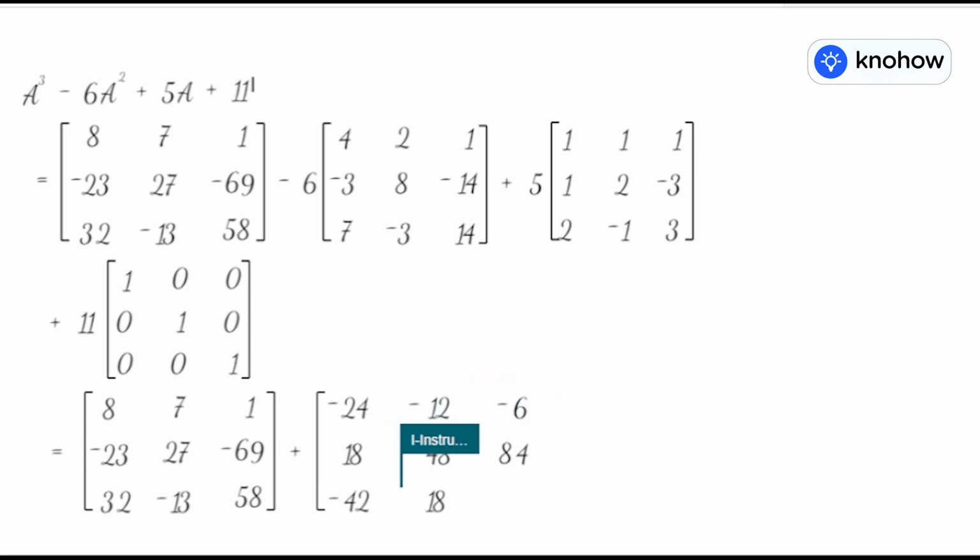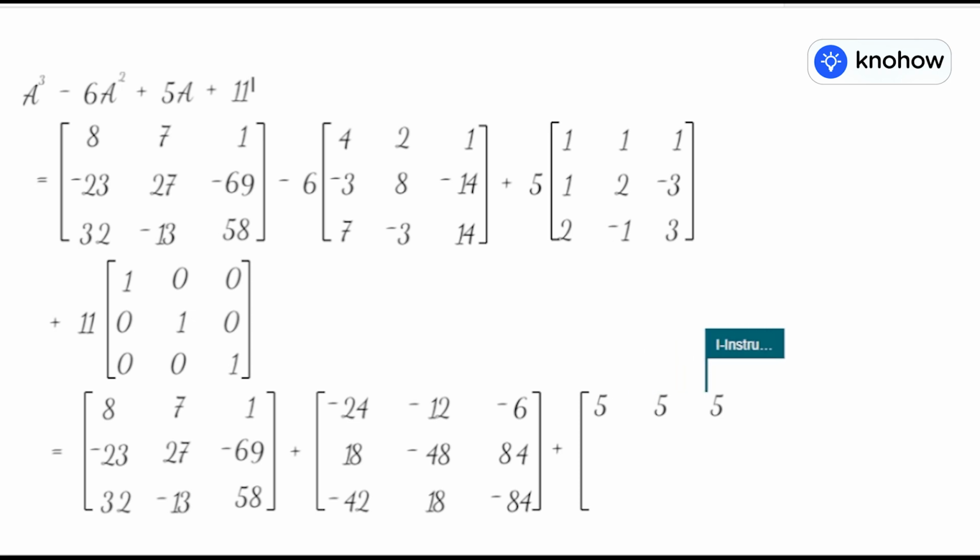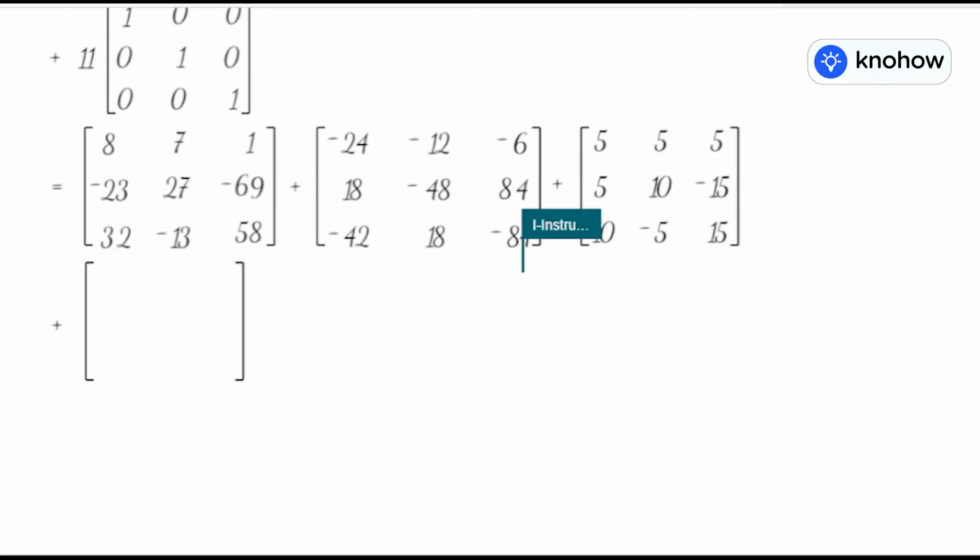And likewise 5A, multiplying each element by 5, you get [5, 5, 5; 5, 10, -15; 10, -5, 15]. And plus, multiplying by 11, you get [11, 0, 0; 0, 11, 0; 0, 0, 11].